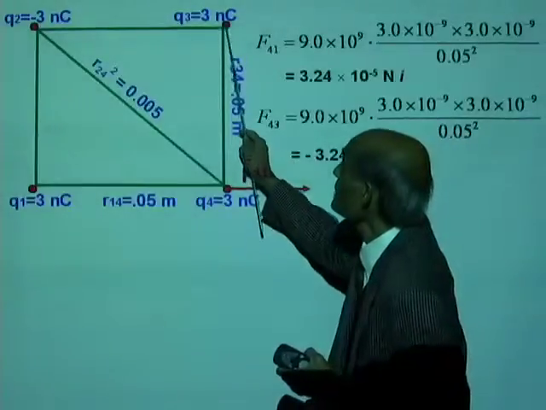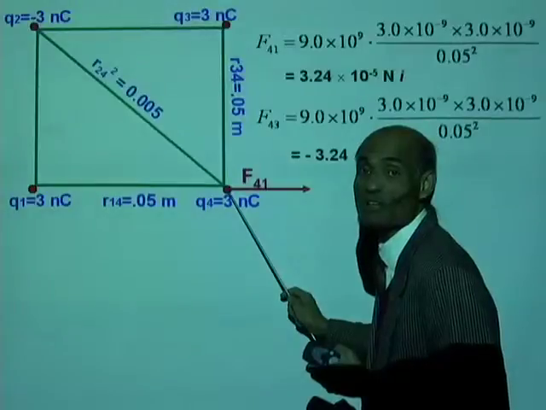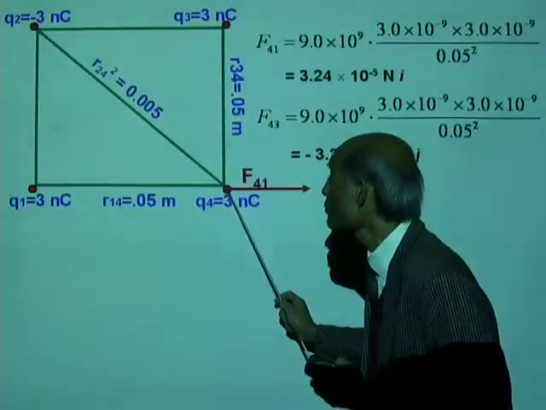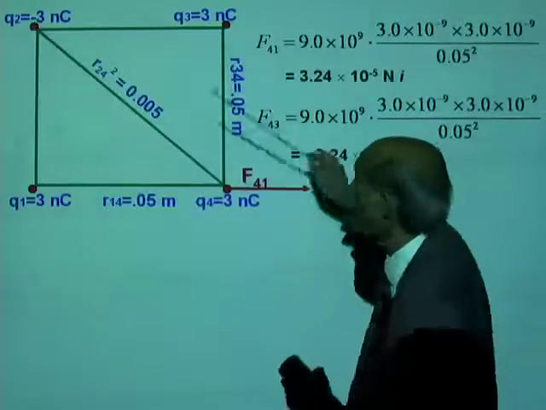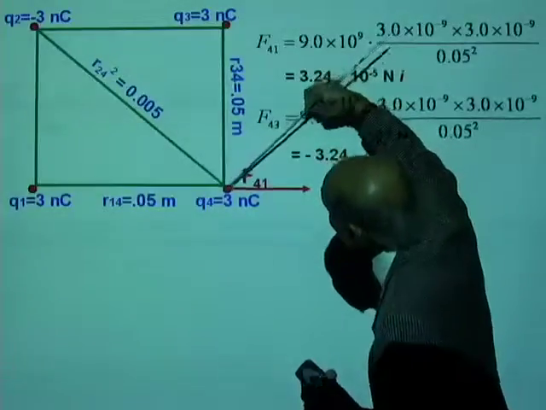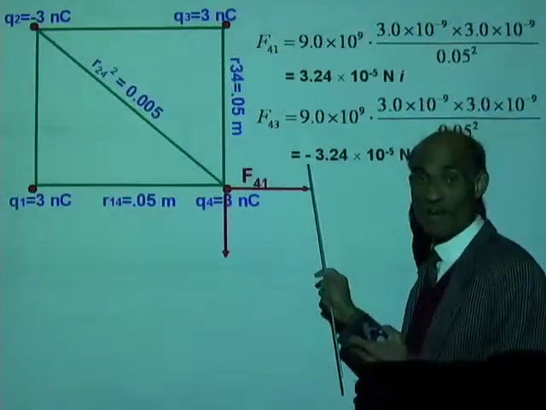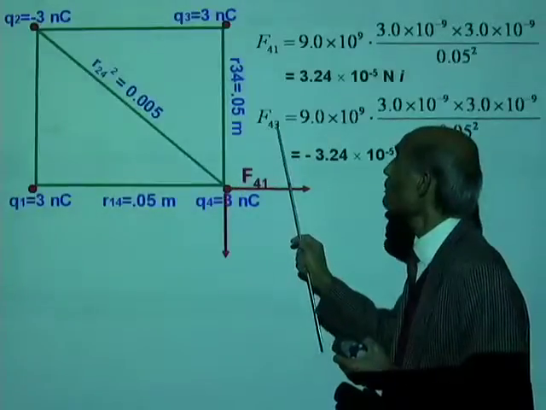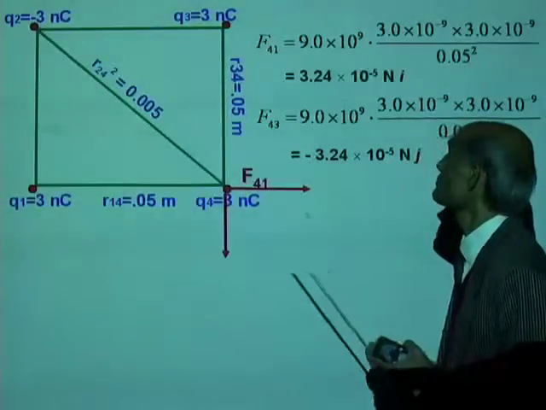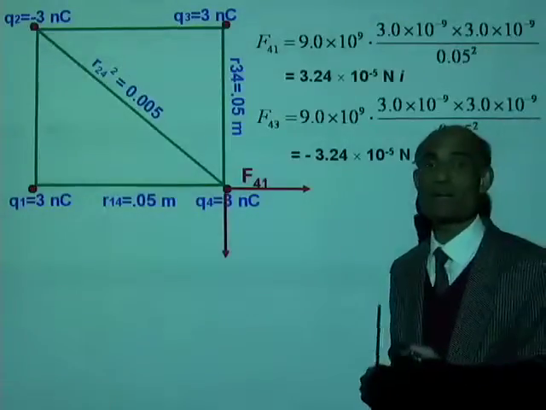Because Q3 is positive, Q4 also is positive. The force on Q4 by Q3 is a repulsive force. That means it will be directed away from Q3 in the negative Y direction. That is how I get the direction. I hope you understand that. So F43 is negative 3.24 times 10 to the negative 5 Newton J.